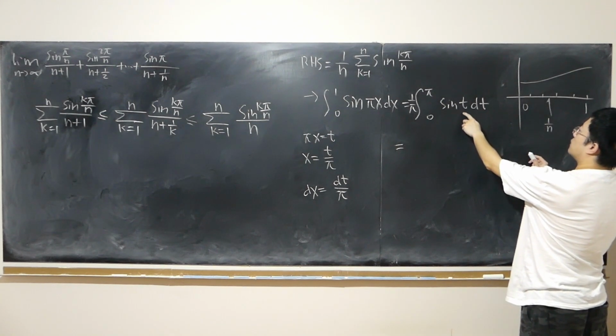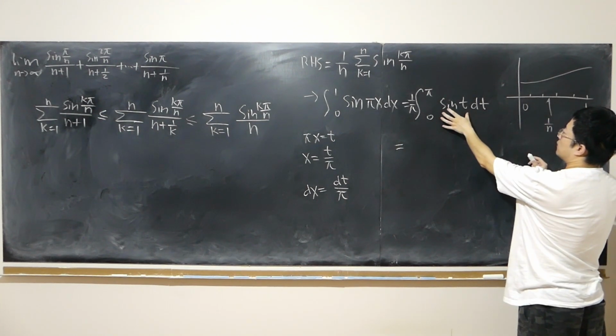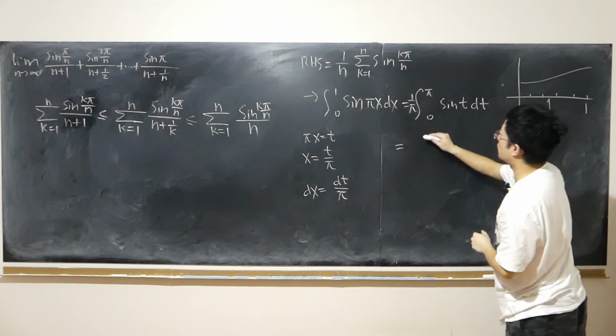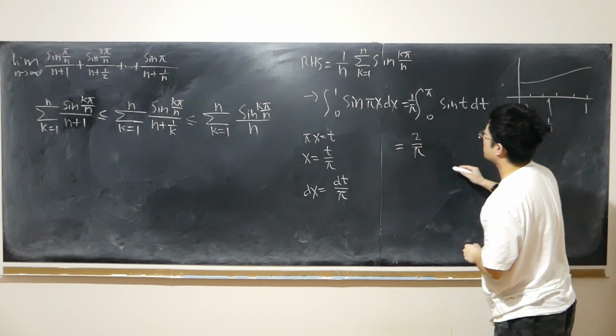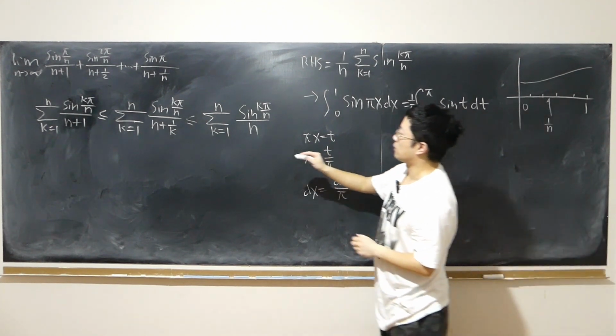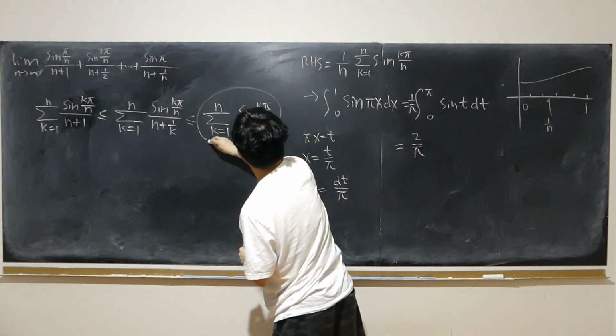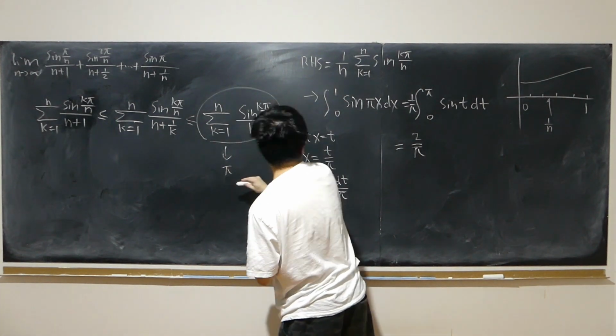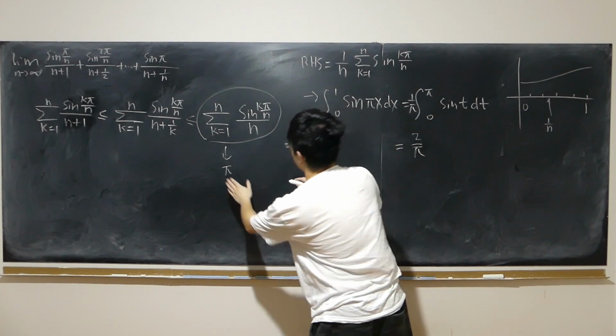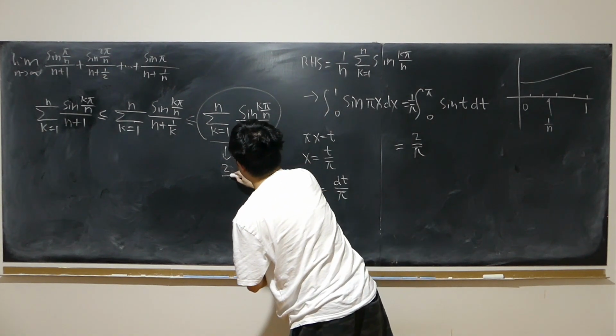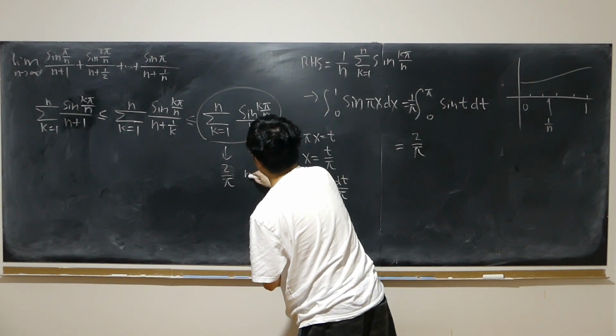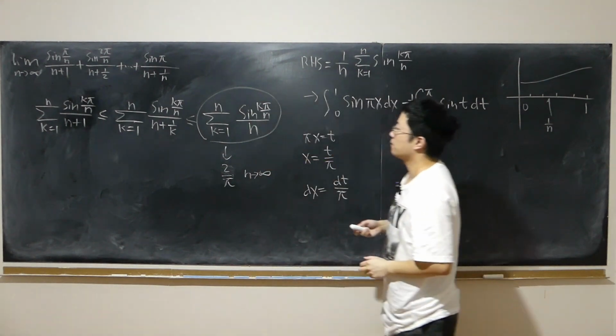Of course, the integral of sine t from 0 to pi, I believe it's 2. So it's 2 over pi. So that's the limit of the right-hand side.